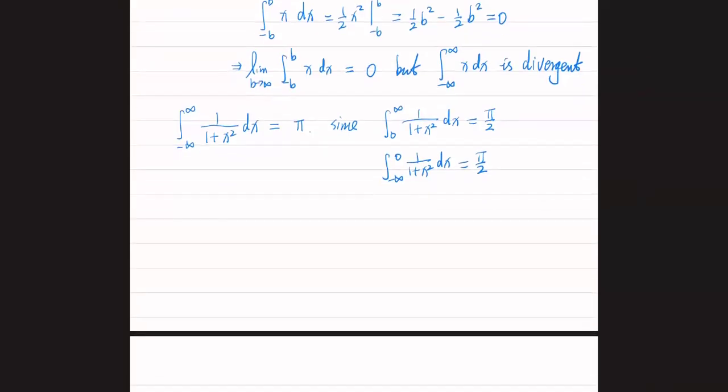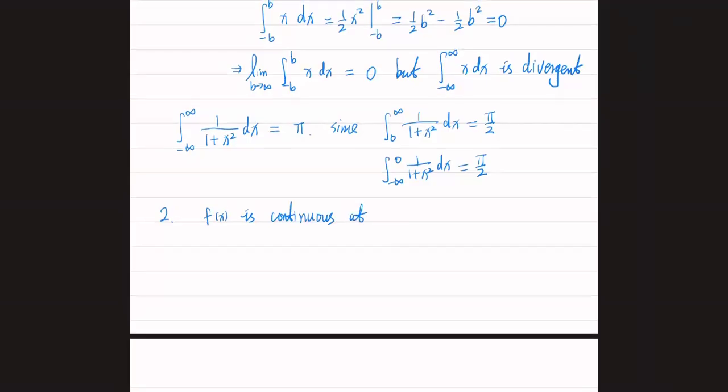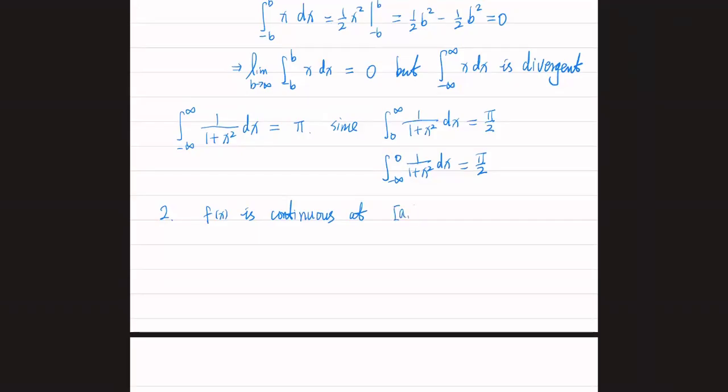The second type of generalization: we allow the function to be discontinuous at the endpoint. It's possible that the function is not defined at the endpoint. It may go to infinity.